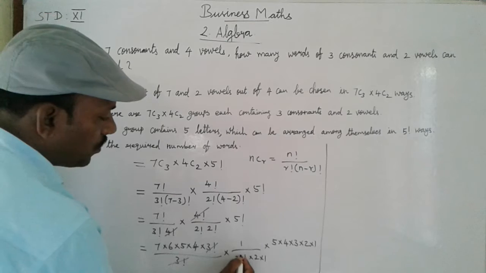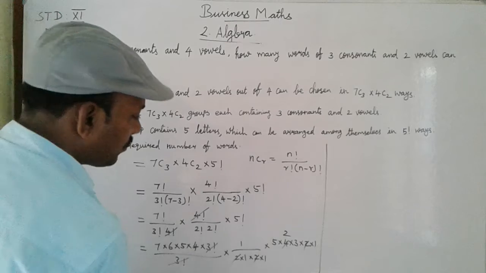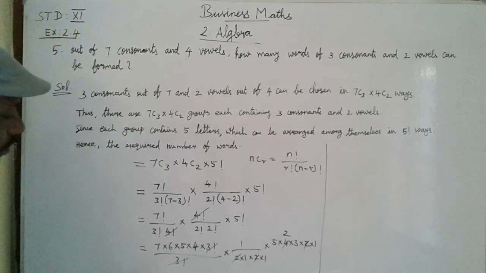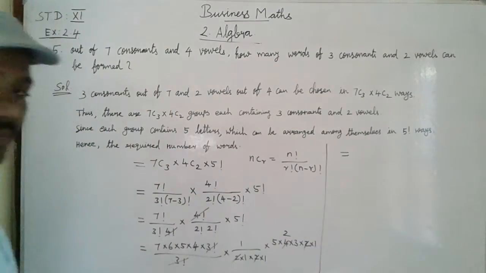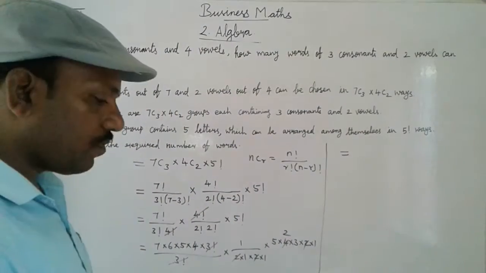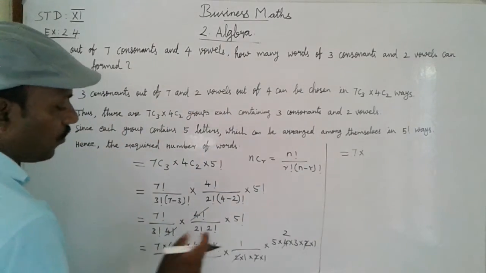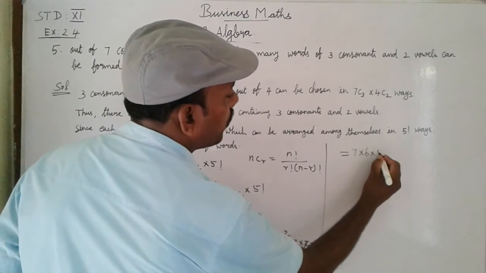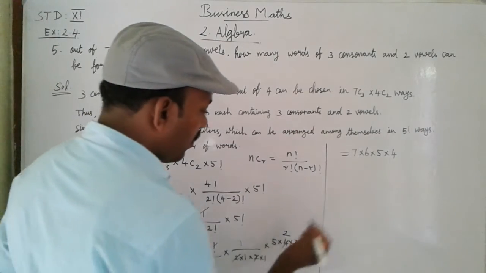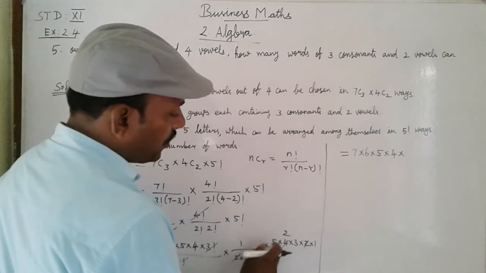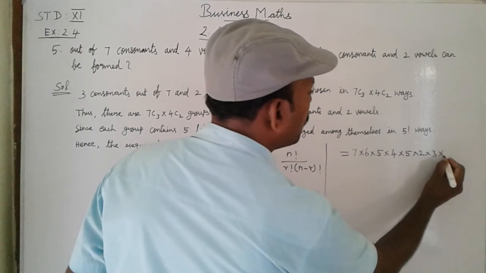Next, 2 cancel, 2 and 4 is cancelled 2 times. We should multiply this. It's a multiple 7 into 6 into 5 into 4, next 1 into 5 into 2 into 3, 2 into 3 into 1.